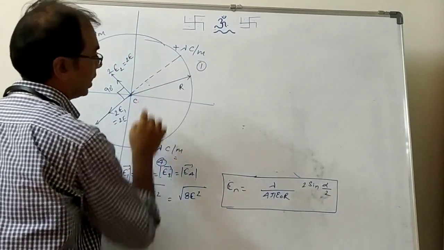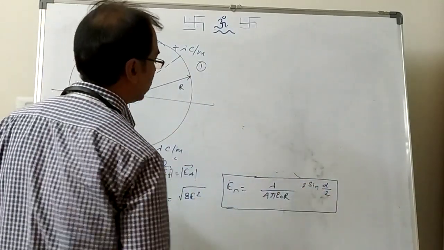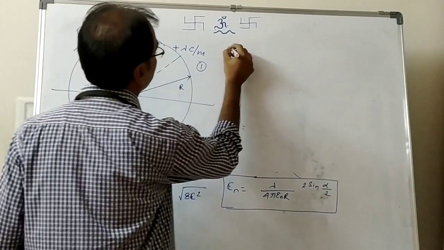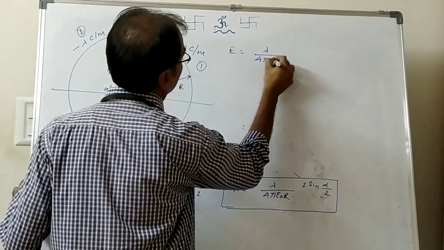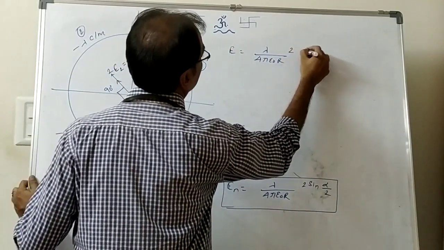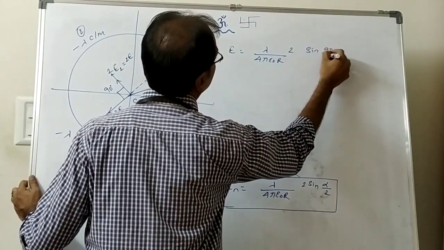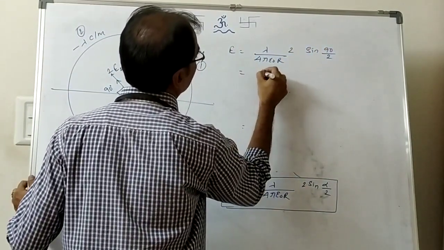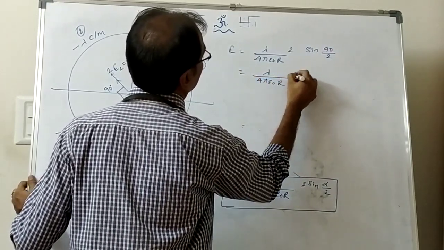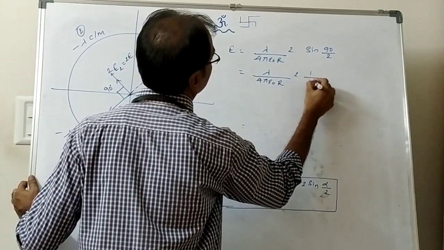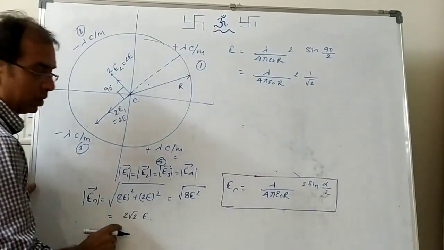So the angle here is 90, so here we put 90. The E value is going to be lambda by 4 pi epsilon naught r, 2 into sine 90 by 2, that means sine 45. So lambda by 4 pi epsilon naught r, 2 into 1 by root 2.